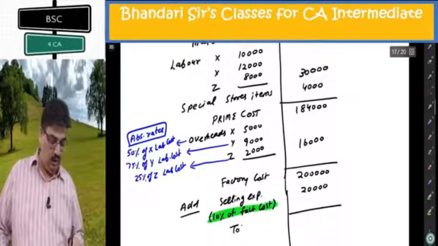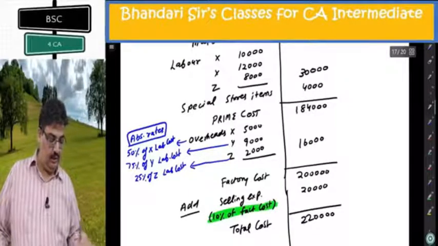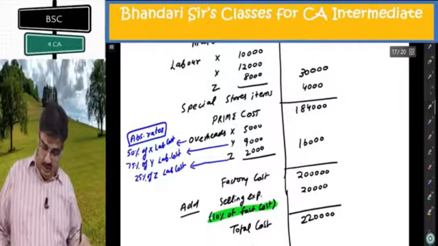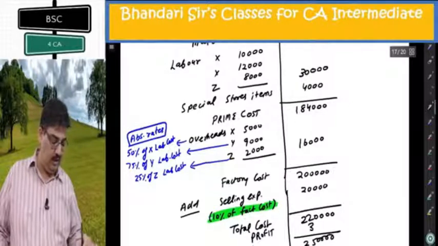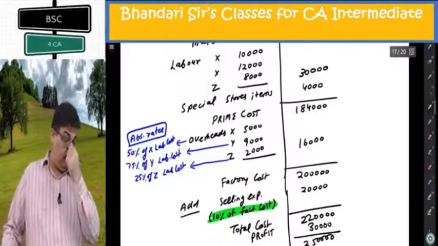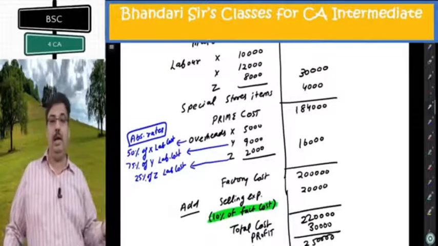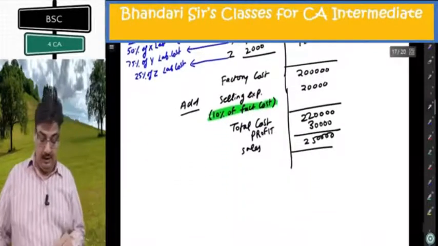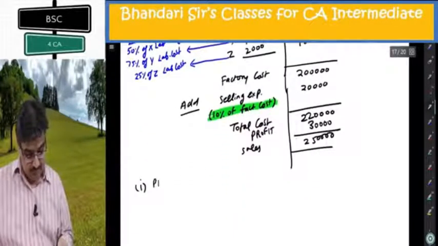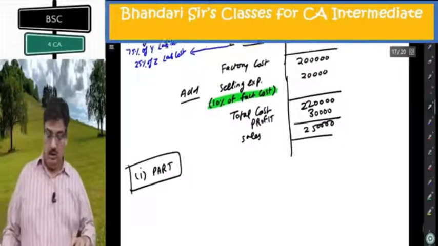What I get? Total cost 2,20,000. Sales is given 2,50,000. Balancing figure is profit 30,000. Did I do anything new? No. Whatever was given in question, I have put it in a different format. Same profit I am getting, but I am getting the absorption rates. That is important. Now I reach first part. From first part, I will be able to reach the third part also.